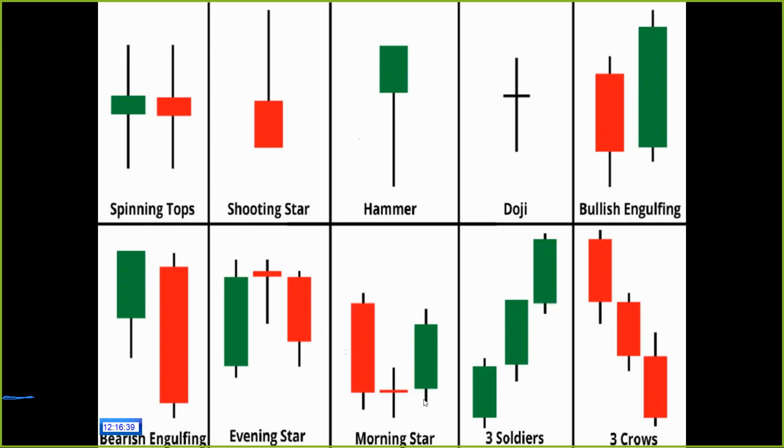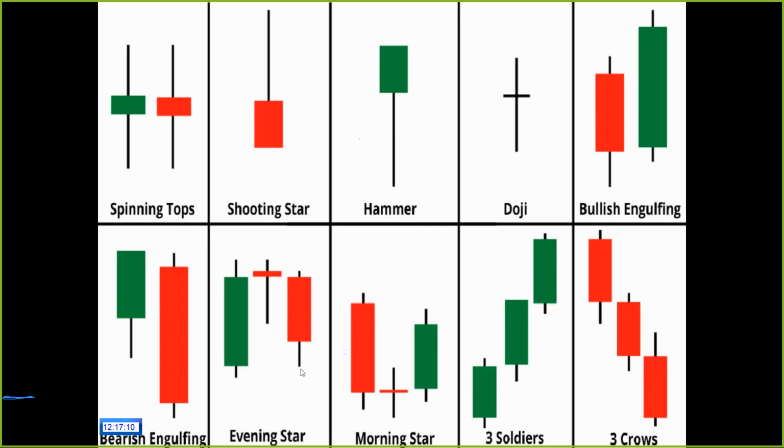Then you've got another one here. But I can't confirm what they call an evening star. I don't use these terms. I'm looking at the candlestick formation. I'm not looking to identify some type of pattern. I'm saying, okay, now I need to see what happens with this candlestick.